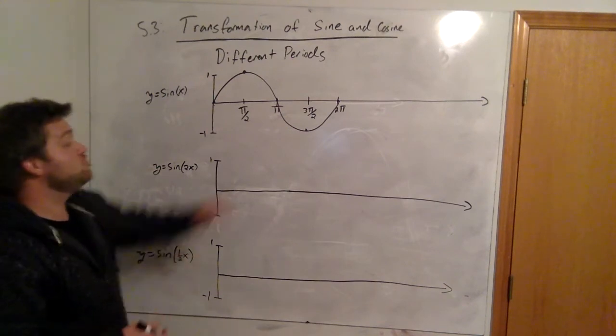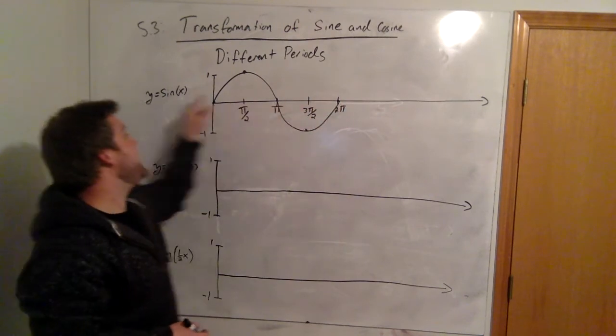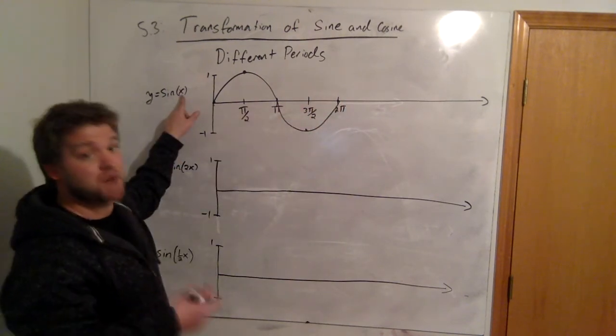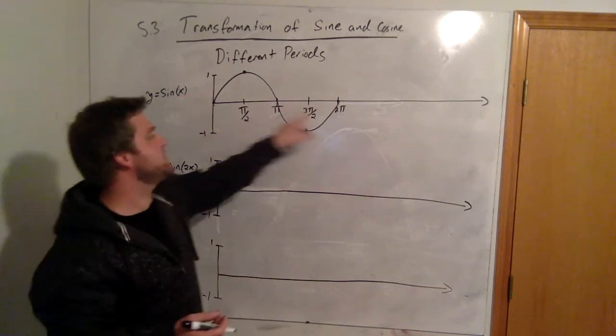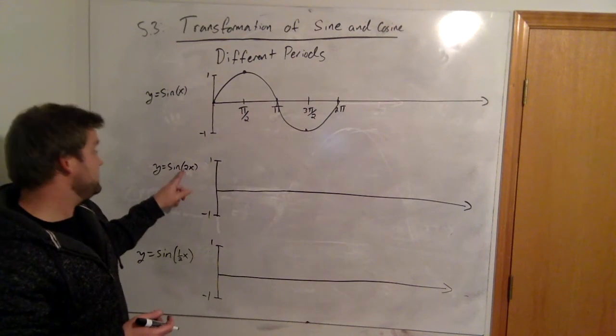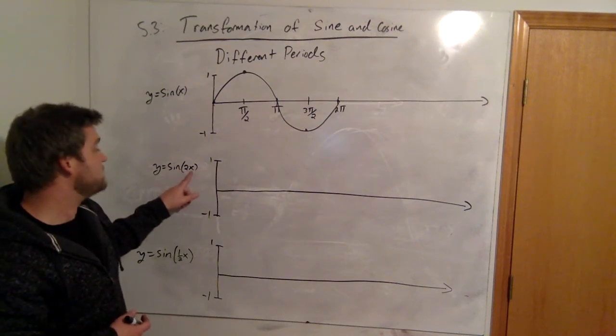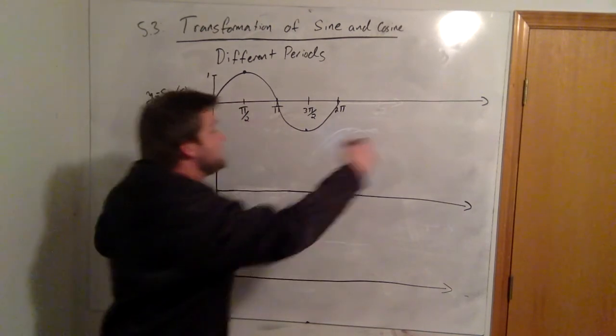So to get to 2 pi, when I plug in 2 pi, I get an output of 0. I have to replace x with 2 pi. But how far do I actually have to go out on the x-axis to get this same output? Well, since the inside of this function is 2 times x, I don't have to plug in an x value of 2 pi to get there.